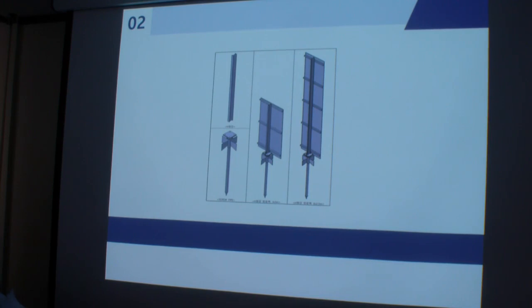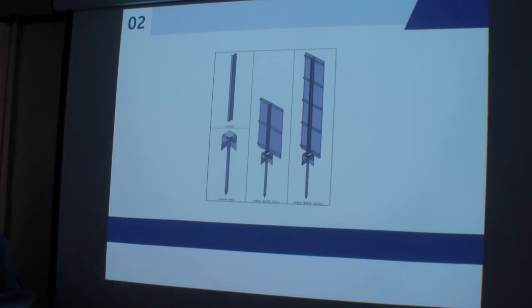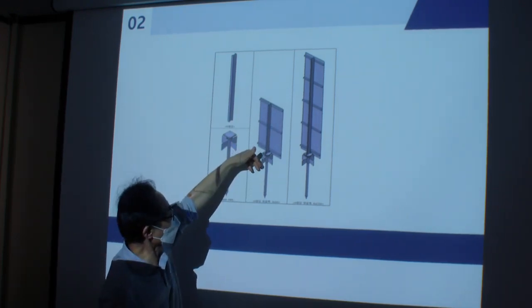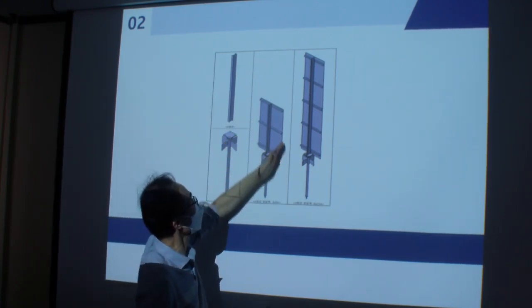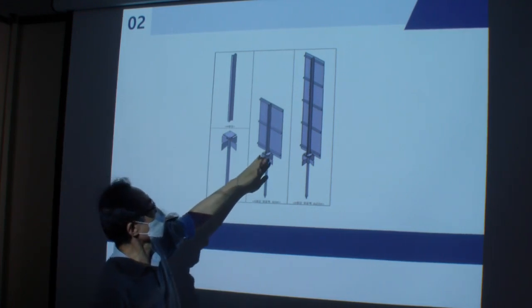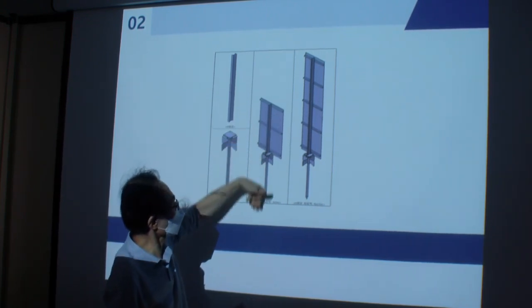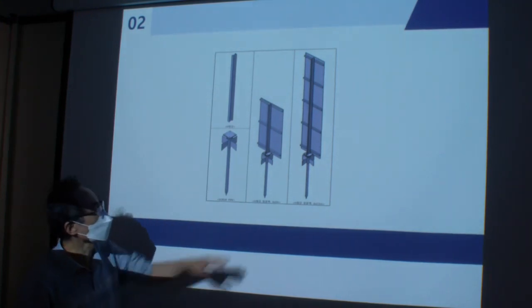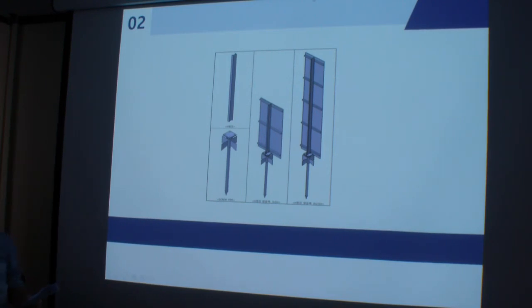This is a screw type, installed some height from the ground like this, and there's the soundproof wall here. So we're using the H-beam, and this is the size we applied.